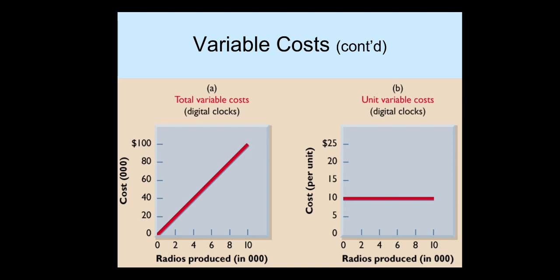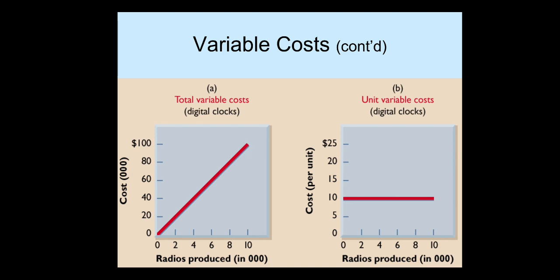Using my example, the cost is $10 per unit of product. 2 units of product, the cost becomes $20. 4 units of product, the cost becomes $40. 6 units of product, the cost becomes $60. So that is the graph for total variable cost.